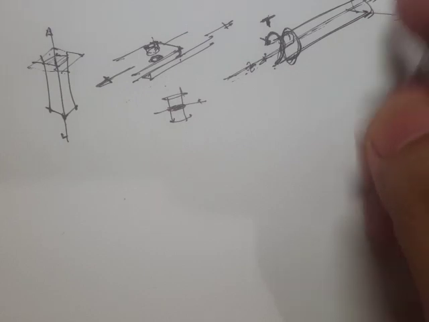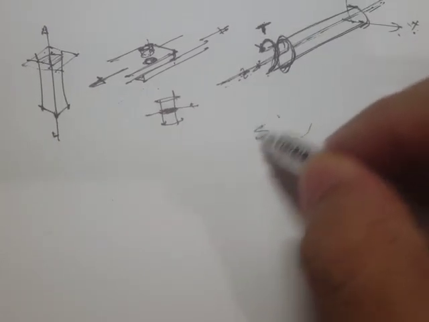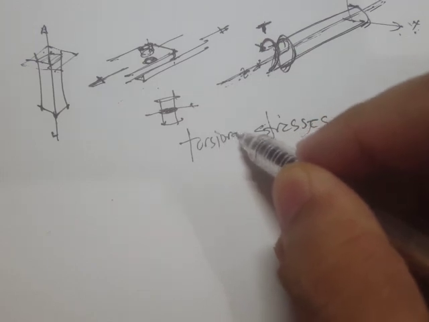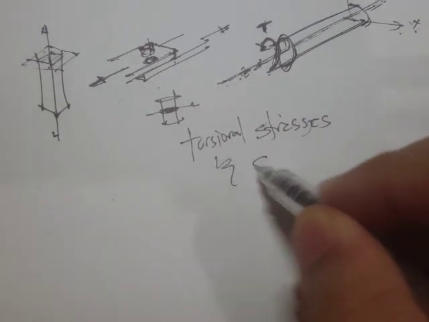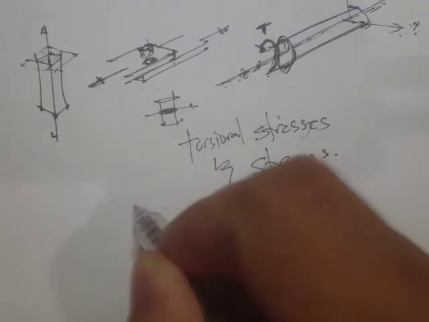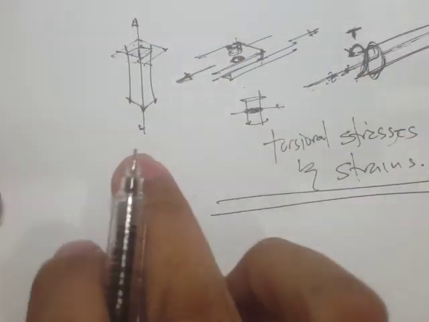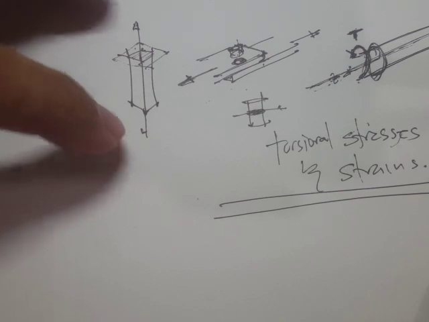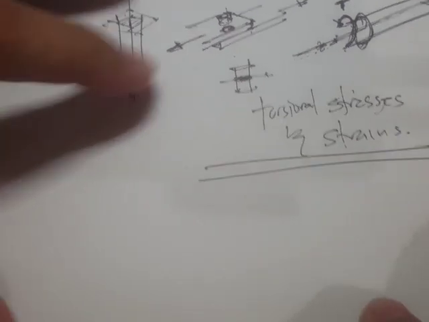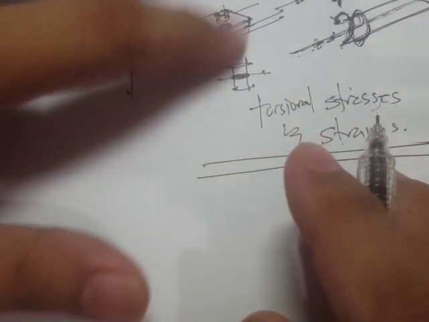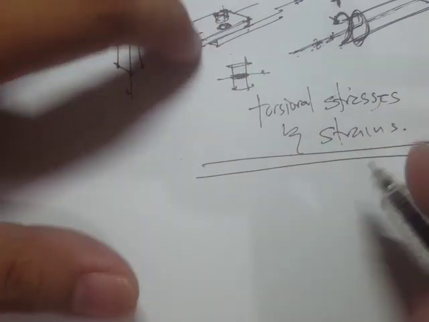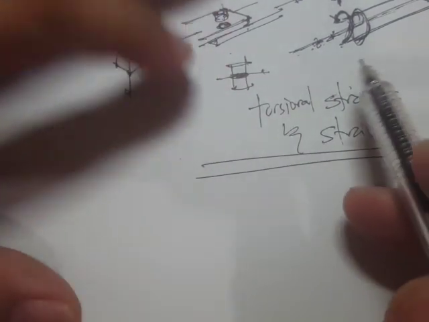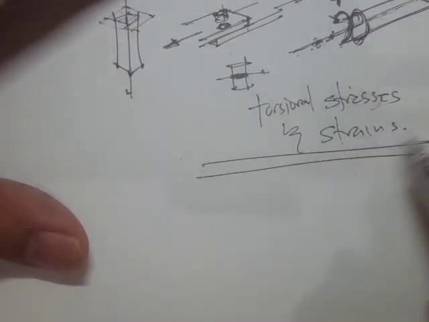So in this video we'll talk about the torsional stresses and strains. Just like what we did for axial members, we talk about axial stress and also axial strains. And for members in direct shear, if I remember correctly, our example was more on the stresses, but there are also strains.